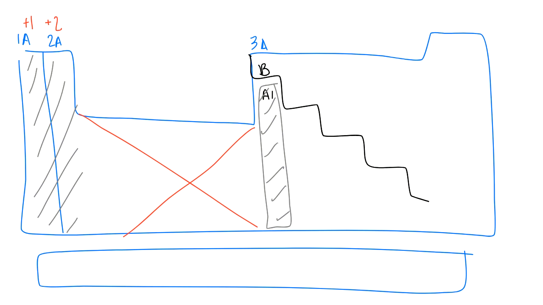So these are going to be +3 because it mostly contains metals. Then we get to the next column, the column with carbon.